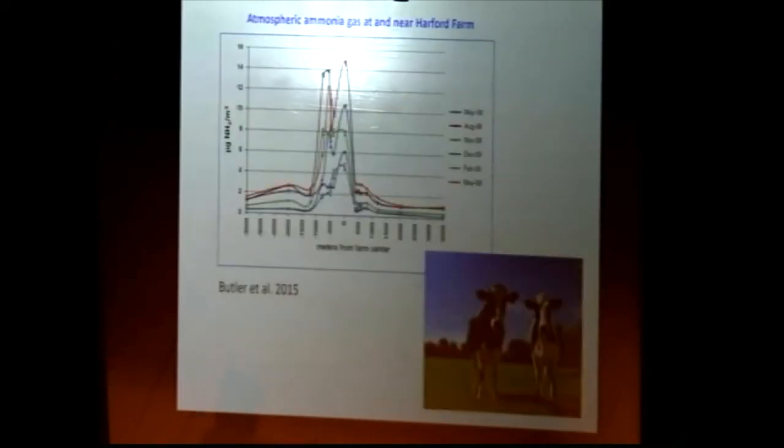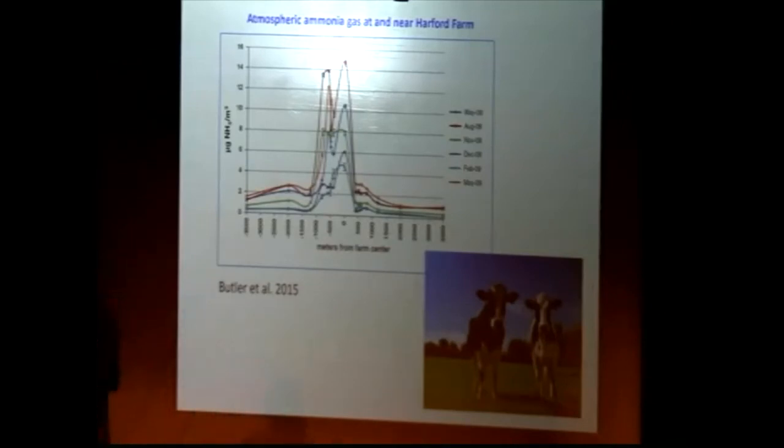And we have some data on exactly how far that ammonia can move. We measured ammonia concentrations near Cornell's experimental farm down in Hartford, and within a kilometer or so either side of the farm, you get very high levels of ammonia gas in the atmosphere, and still elevated up to several kilometers, so several miles away.